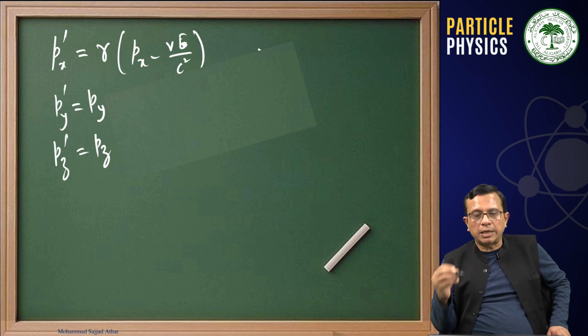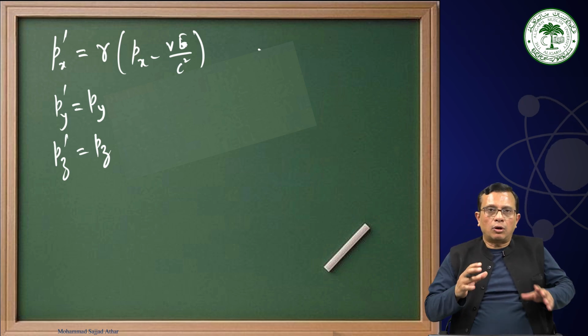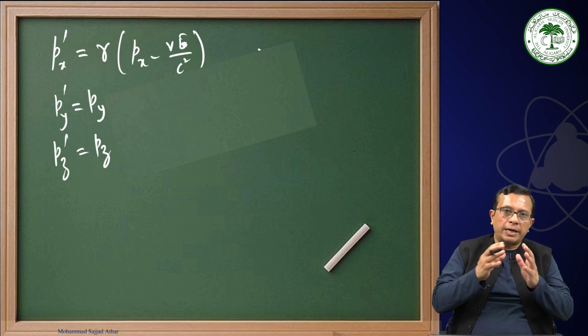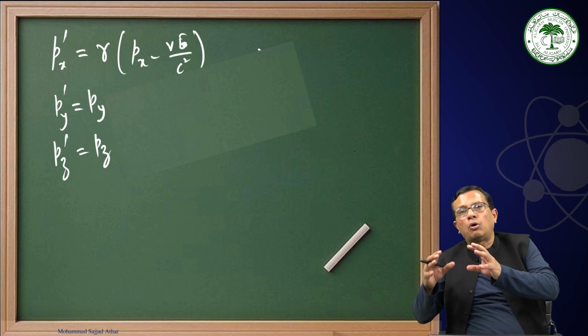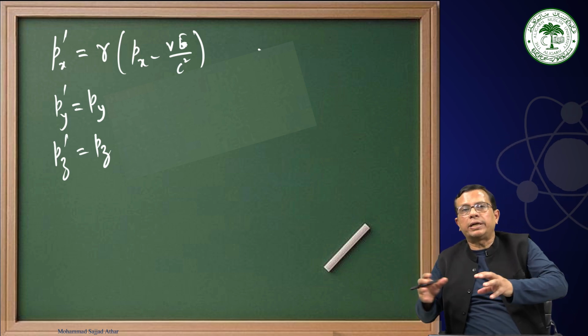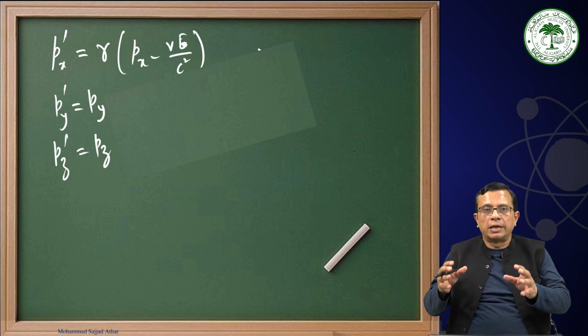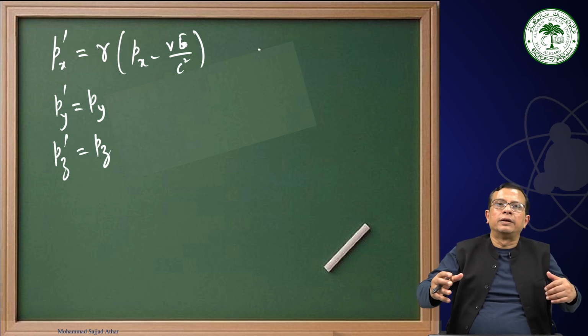So that is an important catch: if we have a lab frame and center of mass frame, it is not necessary to know all the kinematical quantities individually for both the frames.